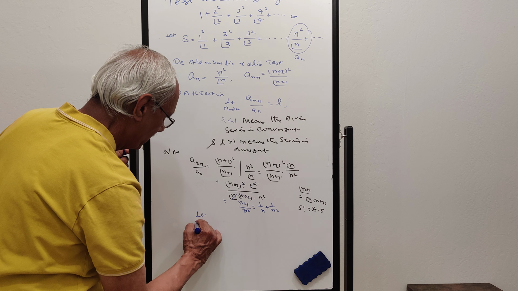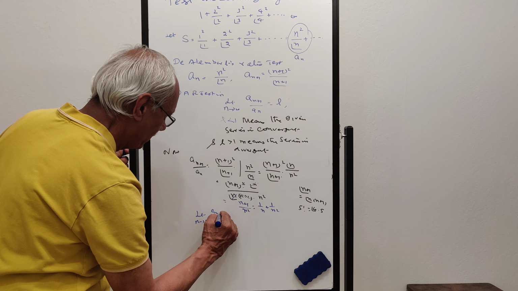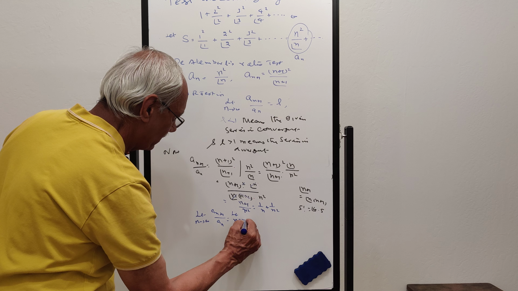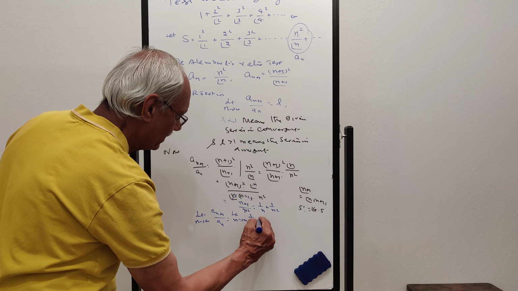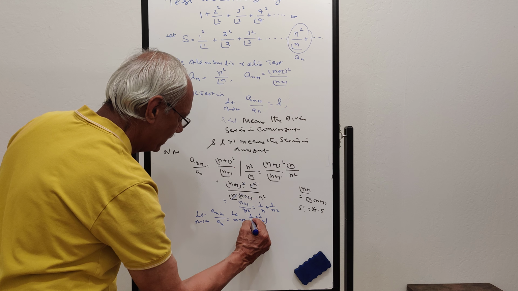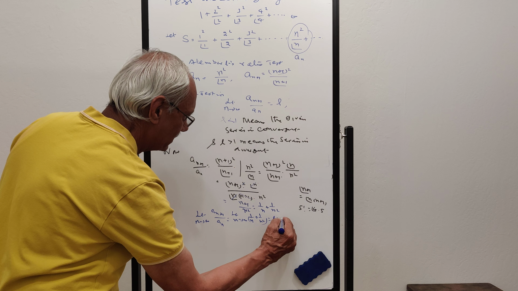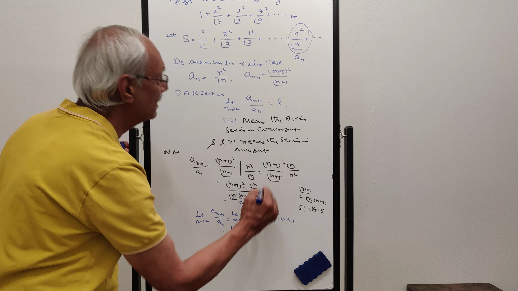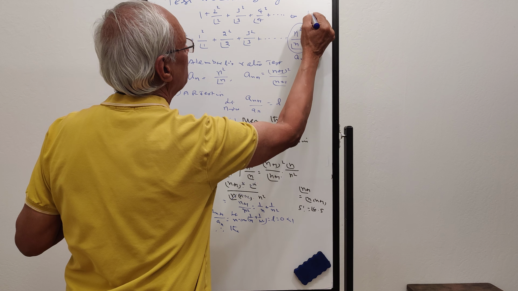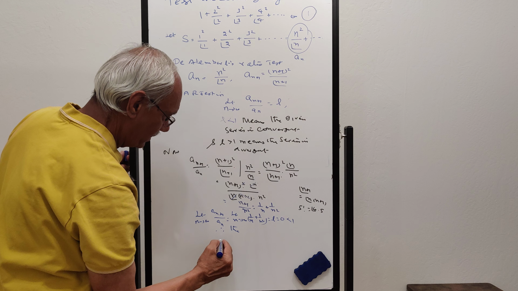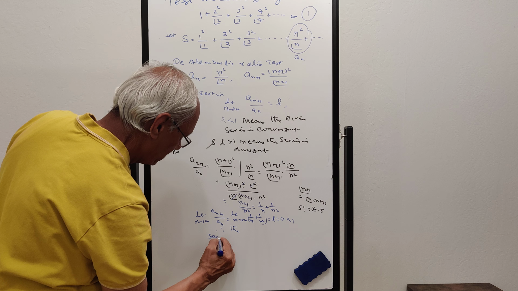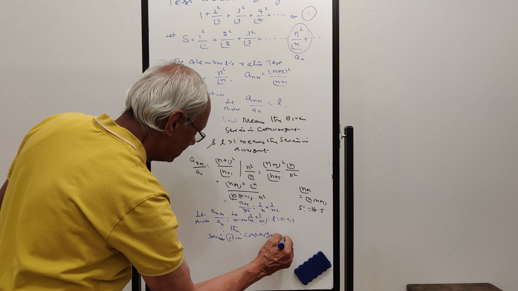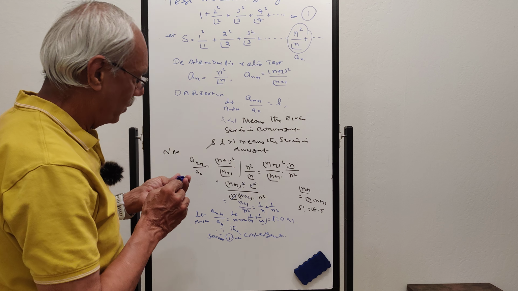So the limit of n tending to infinity of an plus 1 divided by an is equal to the limit of 1 by n plus 1 by n square, which is L, equal to 0, which is less than 1. Therefore, you call this your series 1, and it is convergent. So this is how we do this.